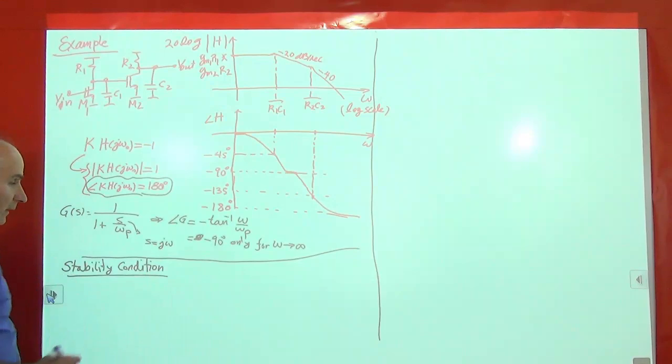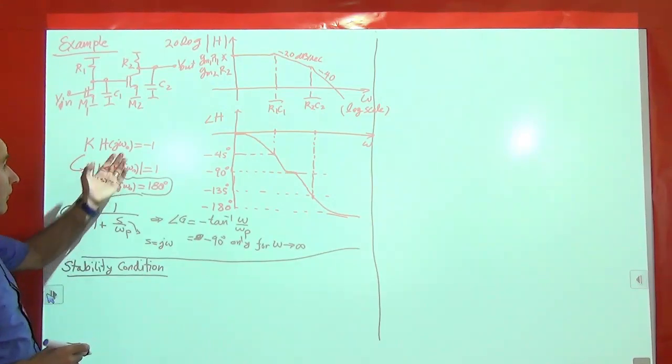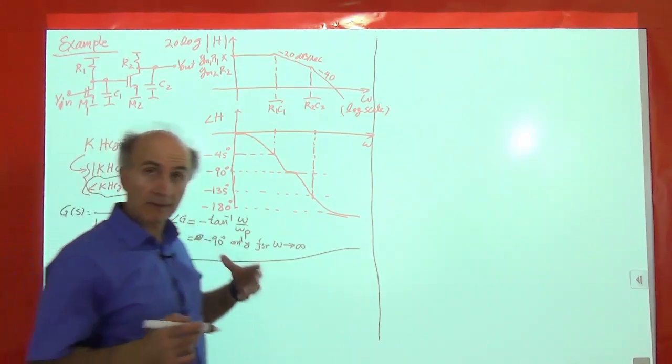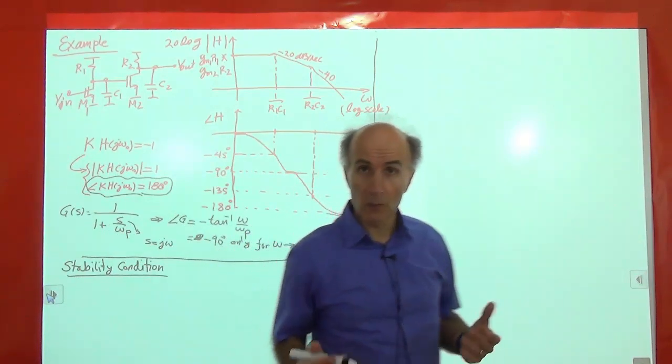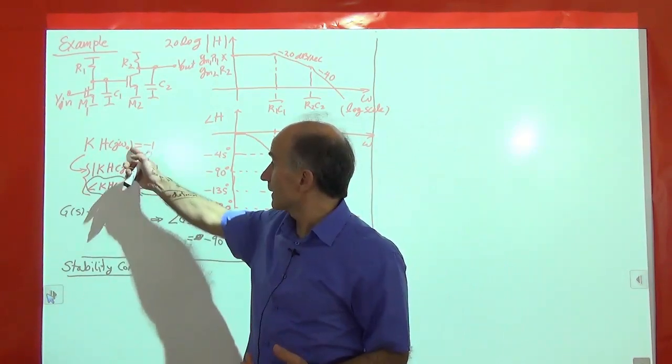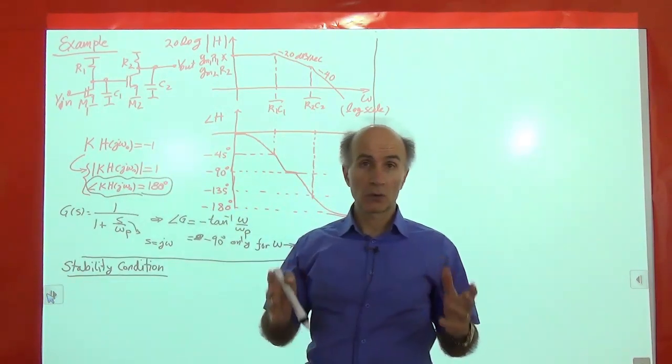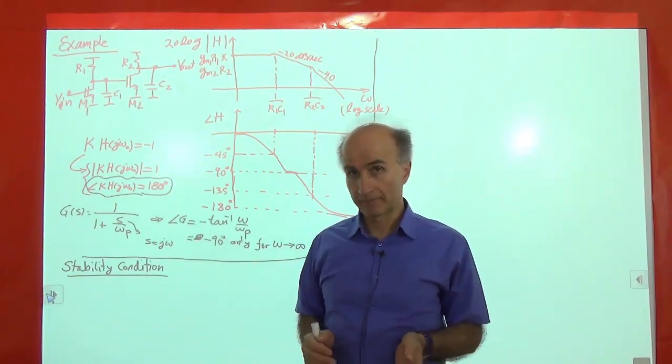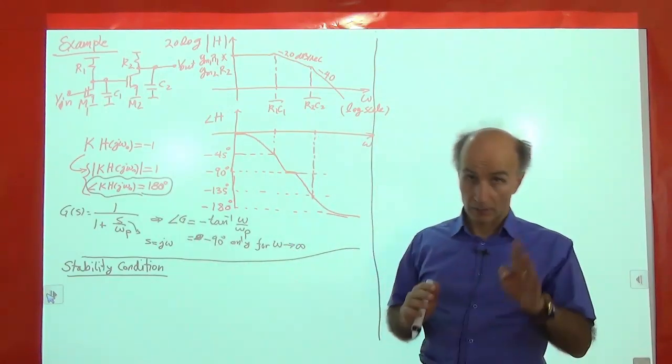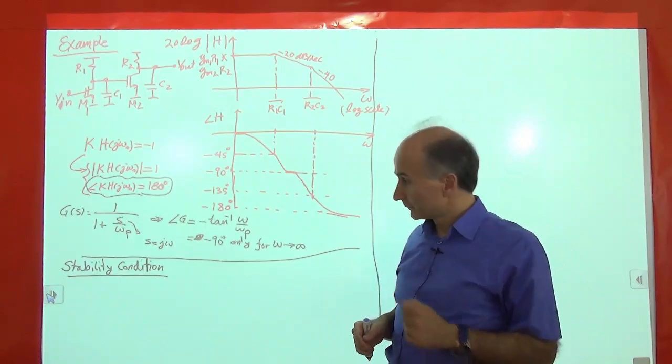This is nothing new. We have said a number of times that if we want the system not to oscillate, we have to make sure that these conditions do not hold at any frequency. Then we can almost guarantee that it doesn't oscillate.